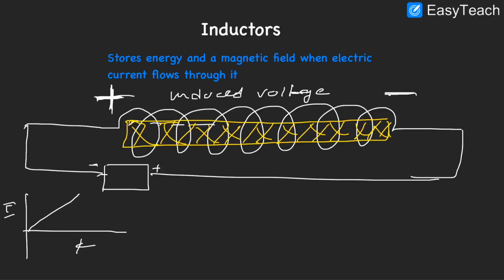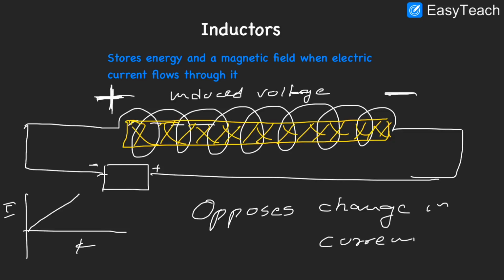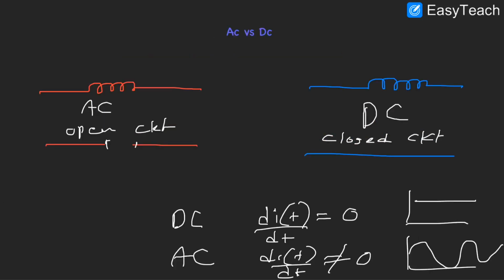And the way it operates, it opposes change in current. So an inductor operates by opposing the change in current flowing through it. And if you see the behavior of an inductor in an AC circuit, it behaves like an open circuit. In a DC circuit, it behaves like a closed circuit.